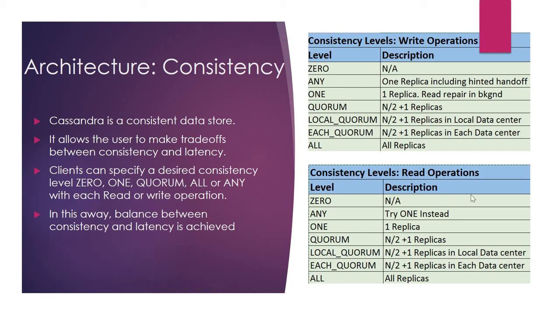And below is the consistency level for read operations. For consistency level of 0 we don't have anything, so there's no use of that. And for consistency level of any, we need to use 1 instead of using any.